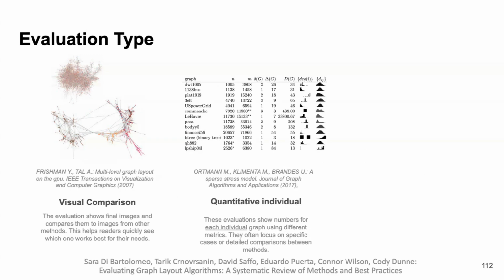But we also have this style of reporting the information, which is individually about every single one of the graphs. You can report the values about that particular instance. So you see there, one row is a network, and it has its own information reported in the row.